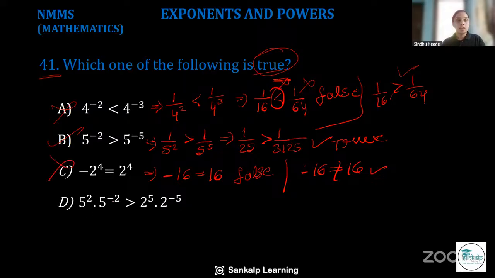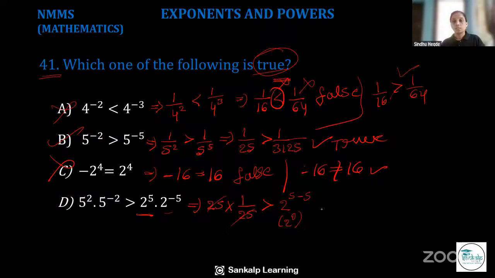Pi square into 5 raised to minus 2. Pi square is 25 into 1 by 5 square, it is 25. So 25, 25 get cancelled. Which is greater than 2 raised to 5 into 2 raised to minus 5. So totally it becomes 2 raised to 5 minus 5, which is equal to 2 raised to 0. 5 minus 5 is 0.